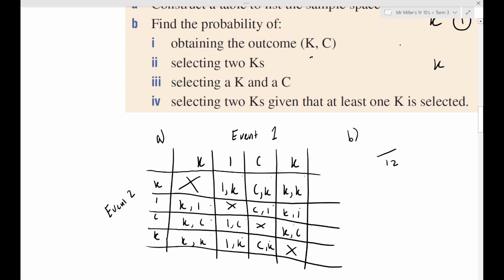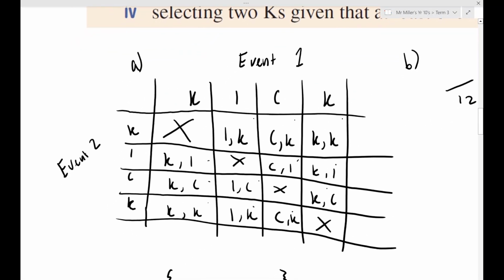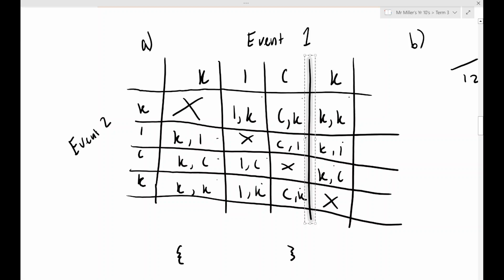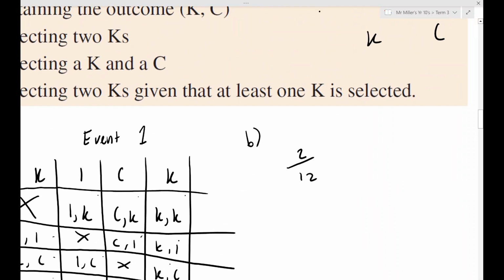And Kc, by the way, is not the same as Ck, right? This is saying that in our first event, we pick a K, our second event, we pick a C. Here we're saying our first event, we pick a C, our second event, we pick a K. So they're different outcomes. So Kc, let's go through and find out how many we got. So 1 over here, it's 2 over here. And that looks like it. So there are 2 out of 12, 1 in 6 outcomes.